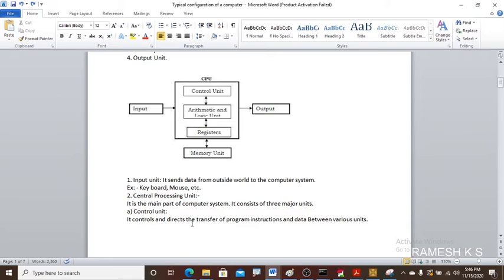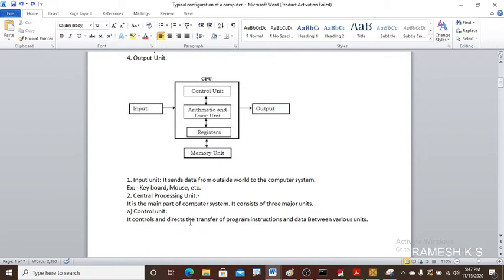It controls and directs the transfer of program instructions and data between various units. Suppose I am writing a program, an addition of two numbers problem. It controls and directs it so that it gives the correct result of the addition of two numbers.